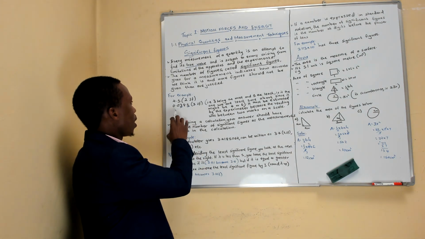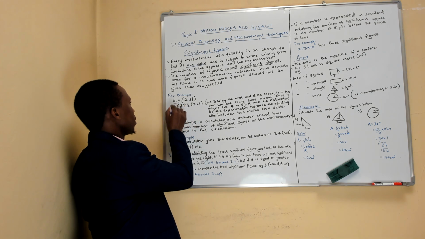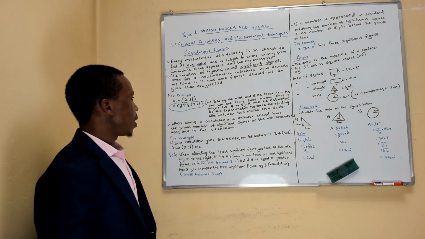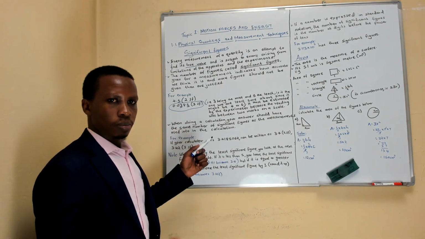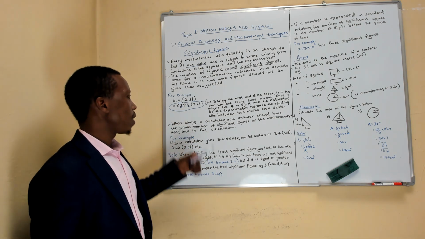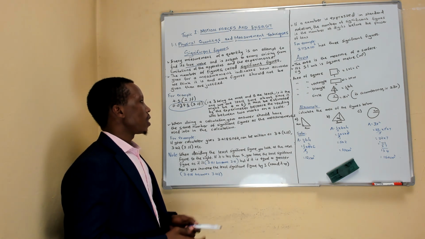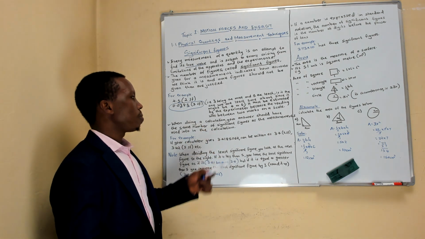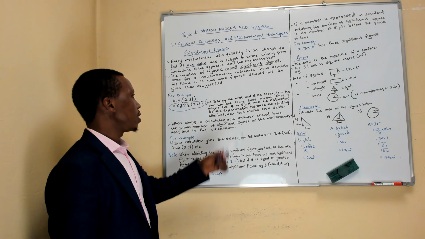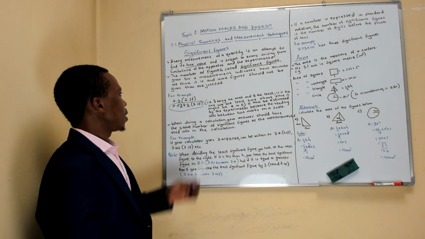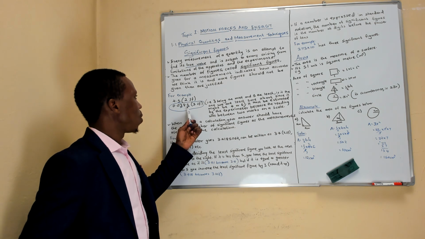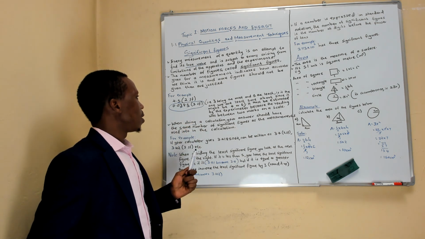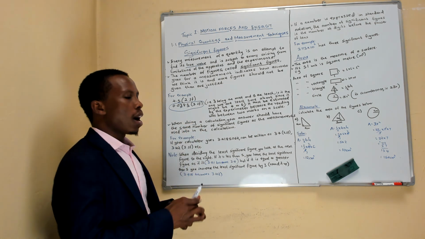So in this example, 0.0385, we've got 3 as the most significant figure, and 5 as the least significant figure. We say that because we are not sure about the least one; it can be 4 or 6, so it will be a guess.